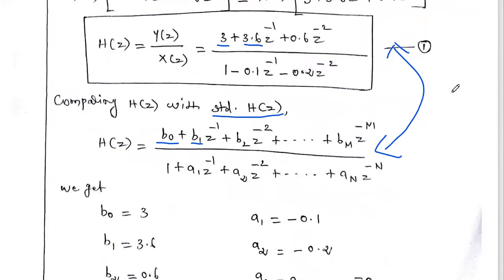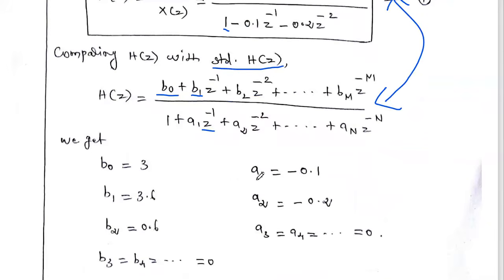Similarly, you compare the denominator part. What is the first term in the denominator? 1. So here also 1. The next thing is the coefficient of Z inverse, which is A1. Here the coefficient of Z inverse is minus 0.1, so the A1 value is minus 0.1.